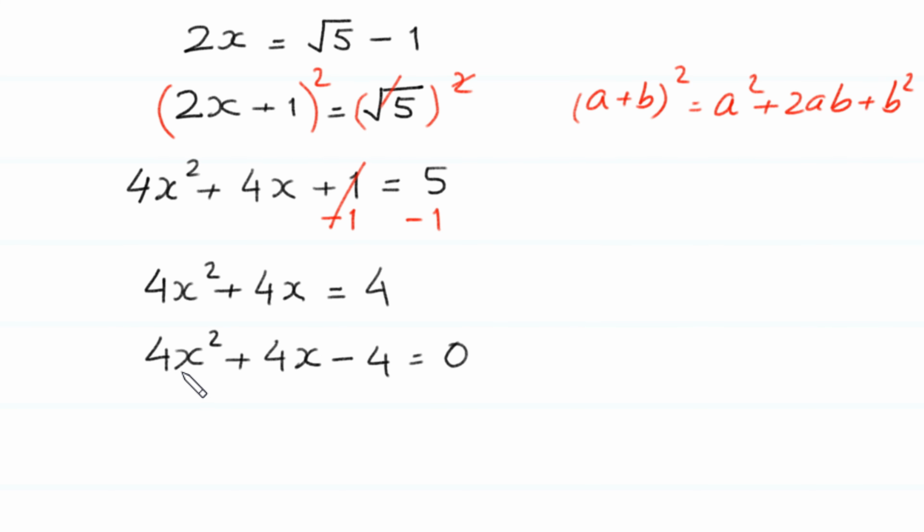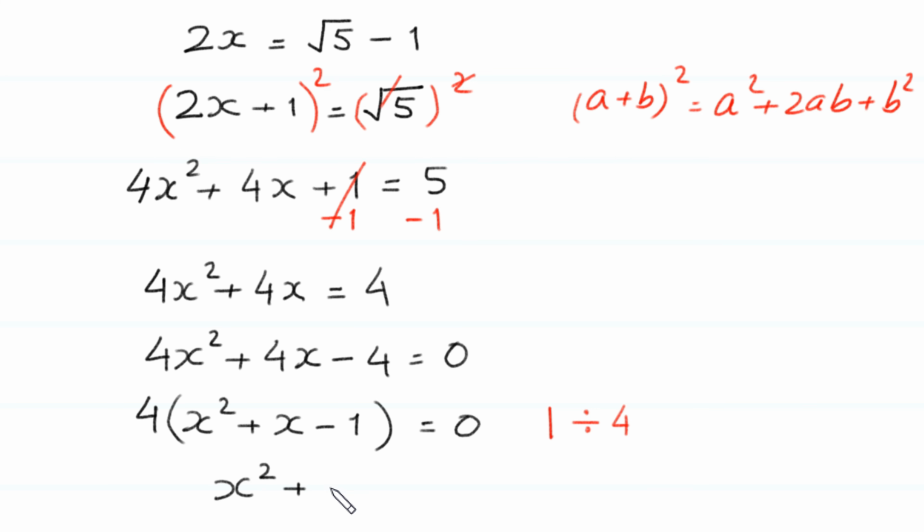Now we can factor out 4 from here. 4 times, in bracket left, x square plus x minus 1 is equal to 0, and if we divide both sides of this equation by 4, we get x square plus x minus 1 is equal to 0.